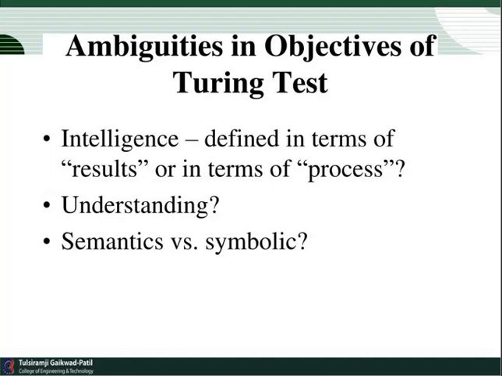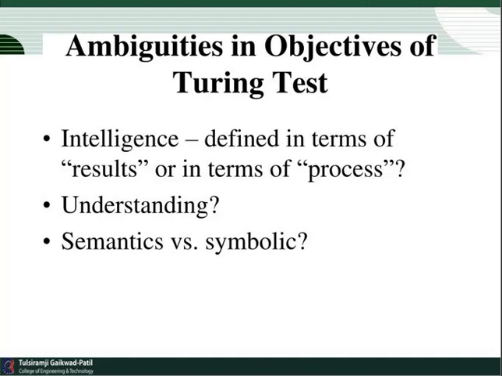This is the ambiguity, because the Turing test does not specify the distinction between result oriented and process oriented systems.